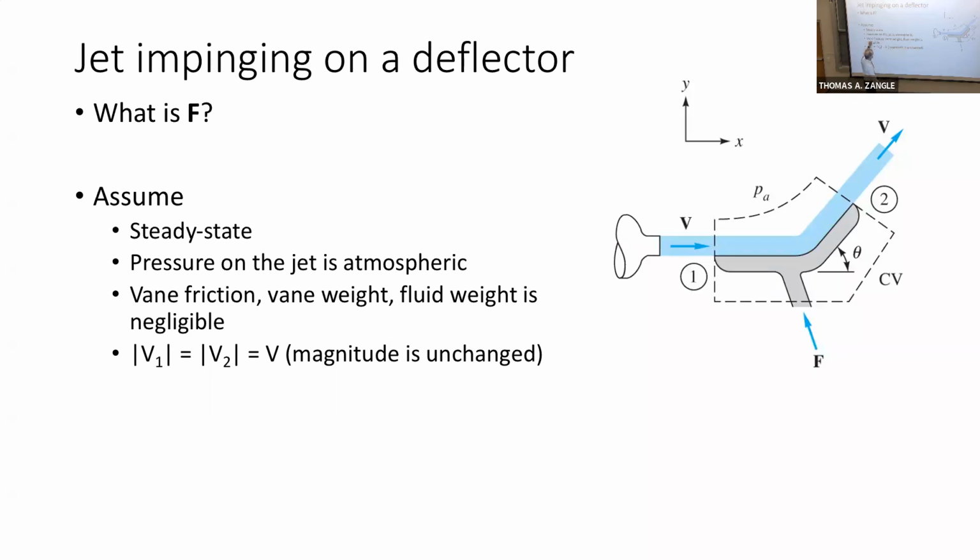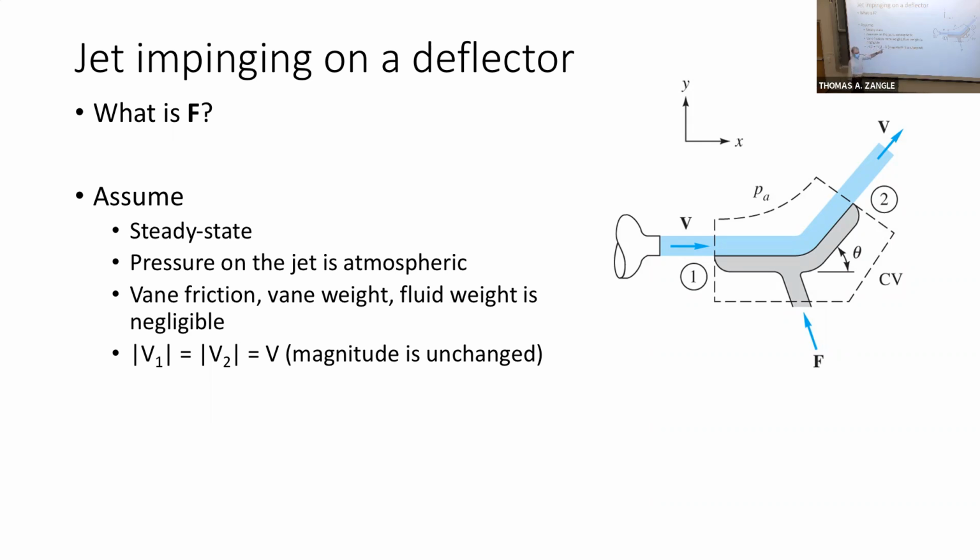We're going to ignore vane friction, vane weight, and fluid weight. So the only thing that's happening here is that this fluid stream is changing direction. We're also assuming that the magnitude of the velocity is unchanged. So we have the same magnitude of velocity coming in as going out.